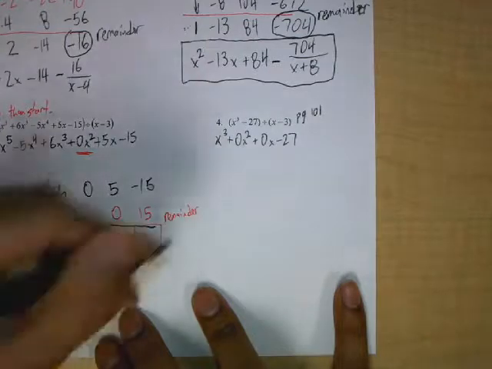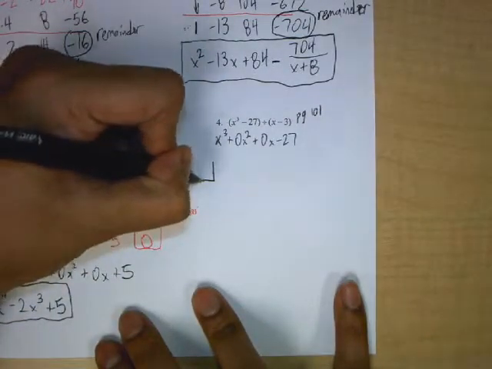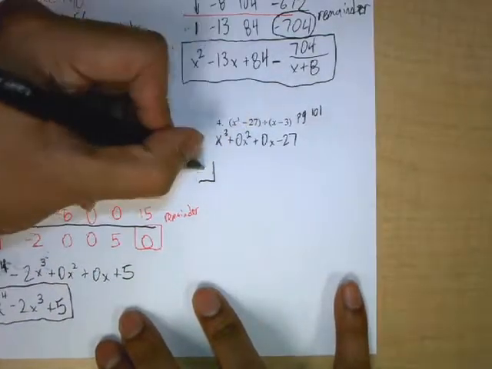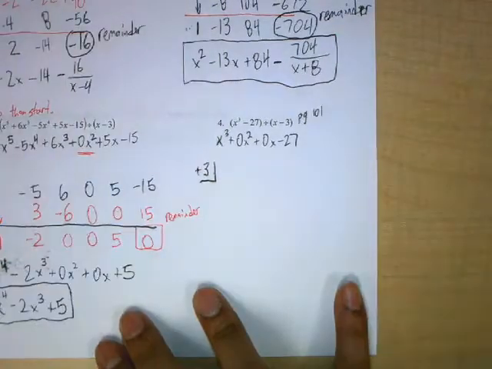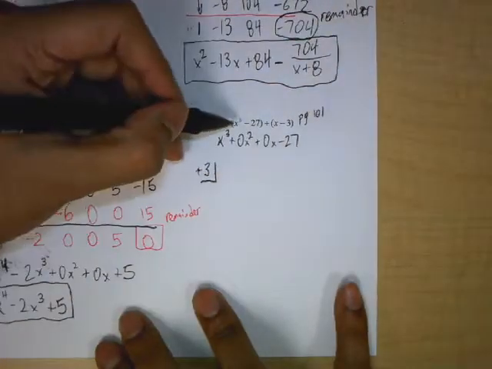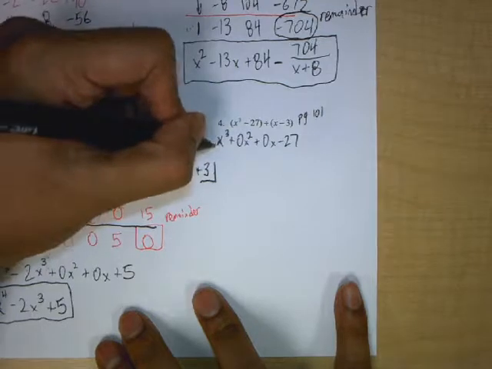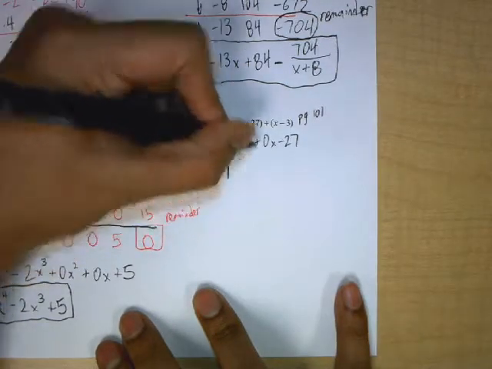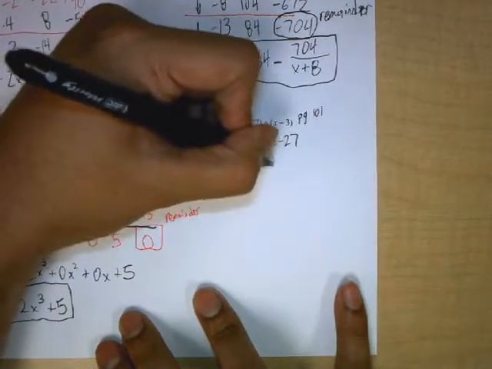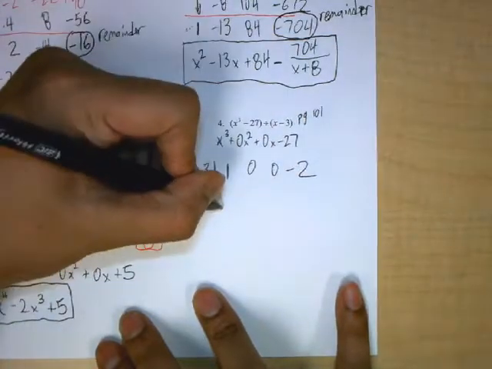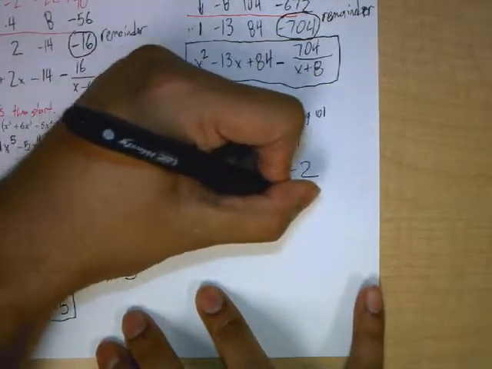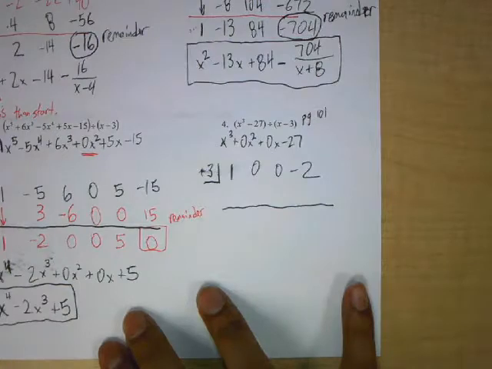So let's set up synthetic division. I have minus 3 here, so I'm going to put plus 3. Let's take this and fill in the coefficients again: 1, 0, 0, -27, and put my little bar down here.